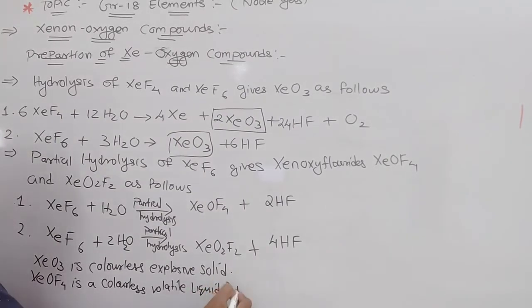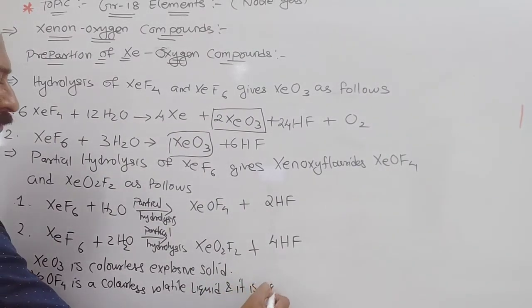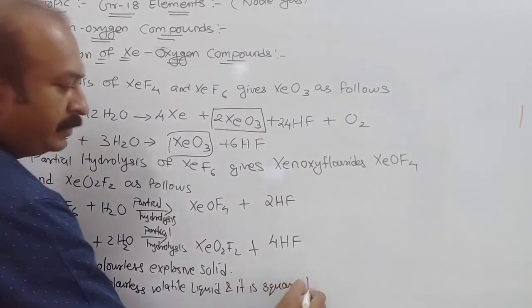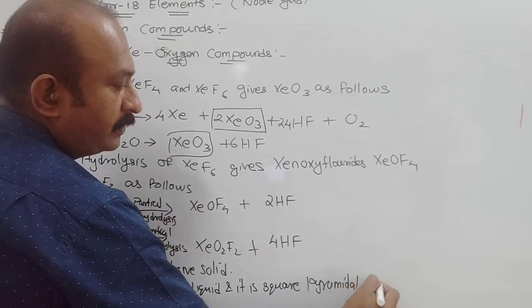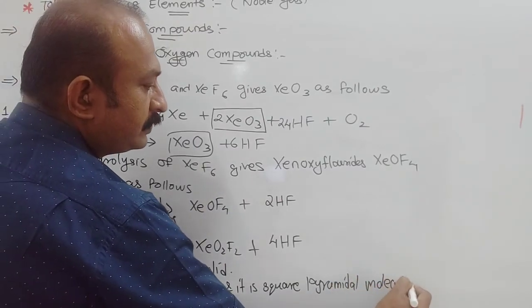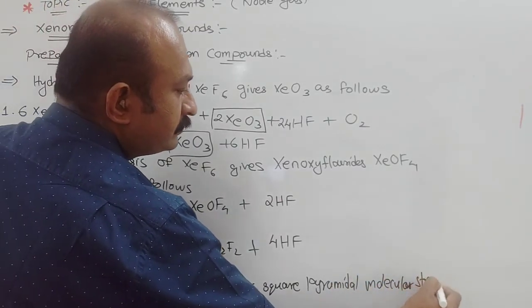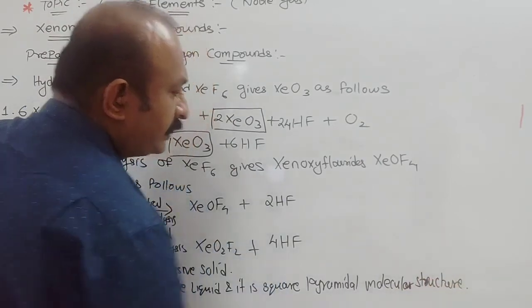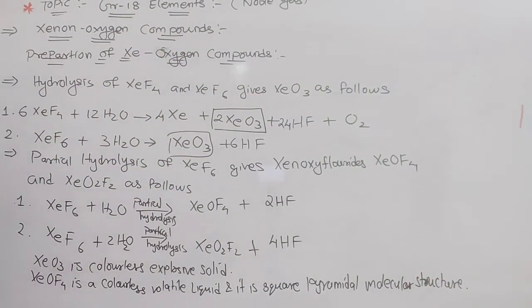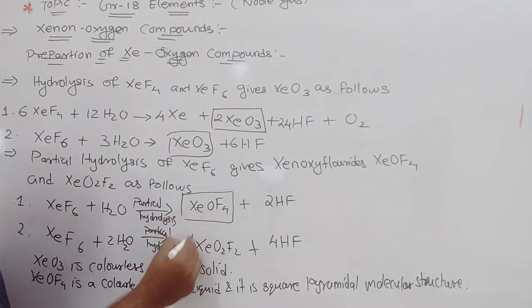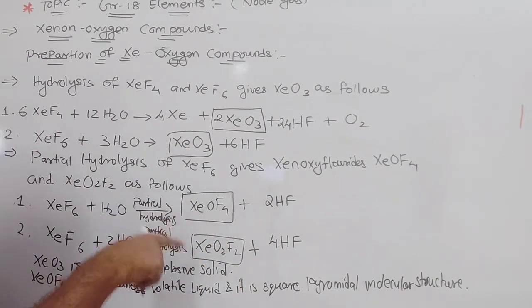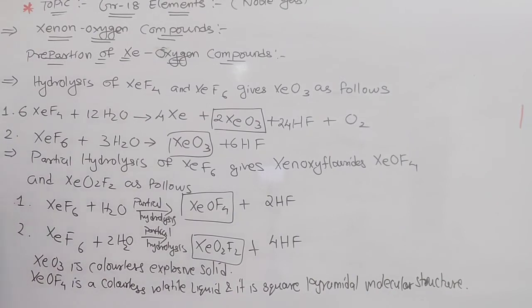So this was all about xenon-oxyfluoride compounds, how to prepare and what to remember. These are all xenon-oxygen compounds, but in this, fluorine is there, it can be removed later on.